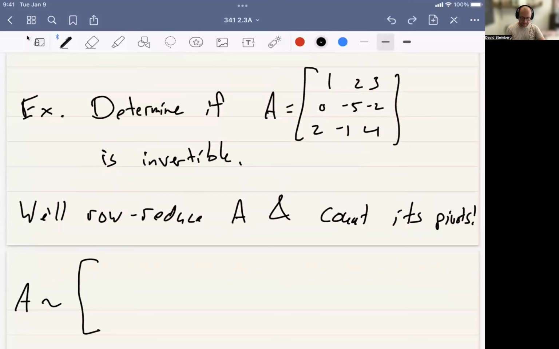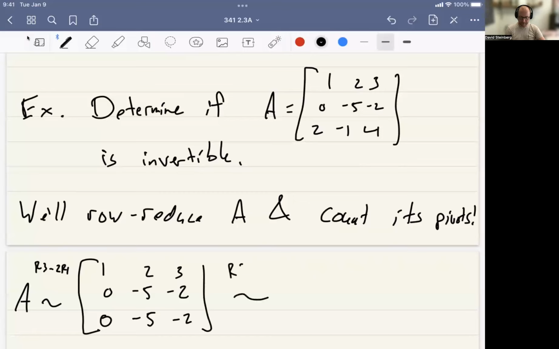Row 3 minus 2 row 1: 1, 2, 3, 0, -5, -2. So 1 minus 2 is 0, -1 minus 4 is -5, and 4 minus 6 is -2. Now we'll do row 3 minus row 2: 1, 2, 3, 0, -5, -2, 0, 0, 0.